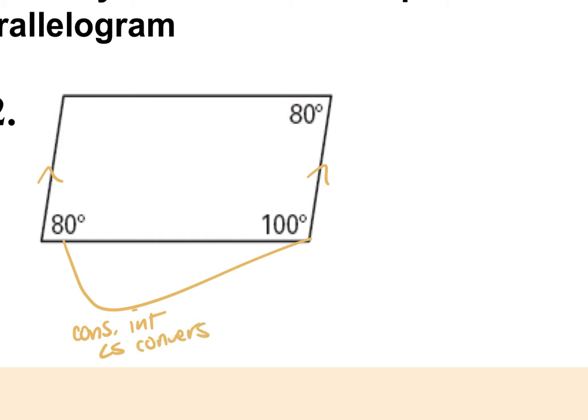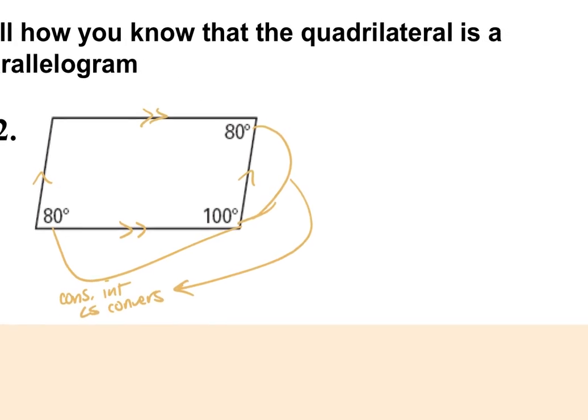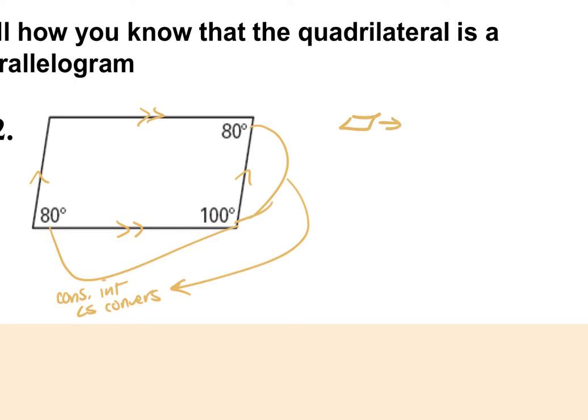And then you can show that these two are parallel using these two, same thing, consecutive interior angles converse. So then it's a parallelogram by the definition of a parallelogram, which says that opposite sides are parallel.